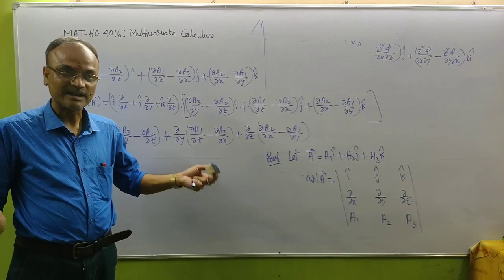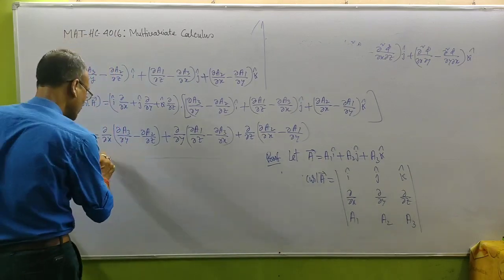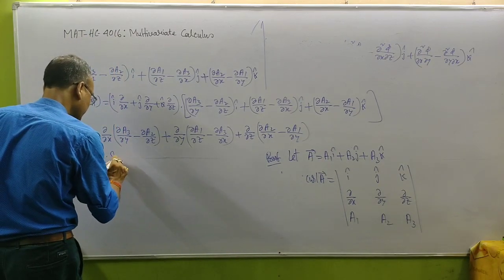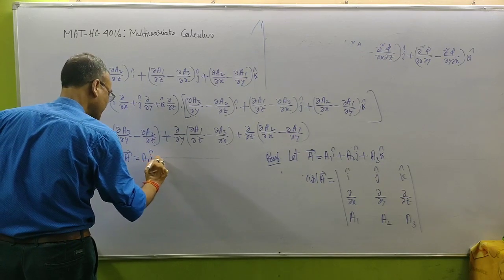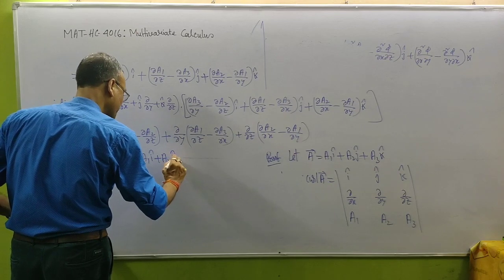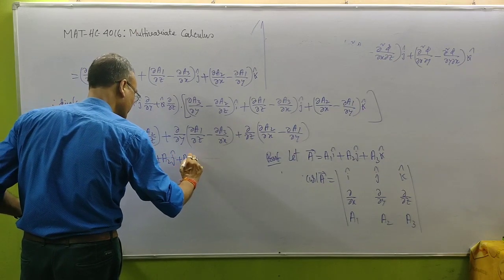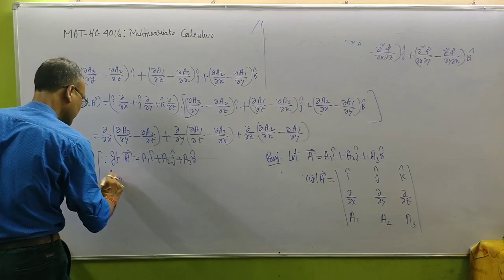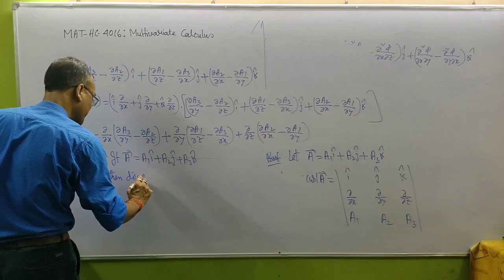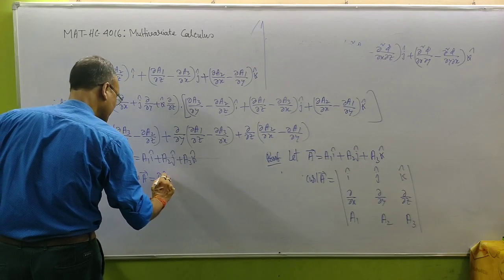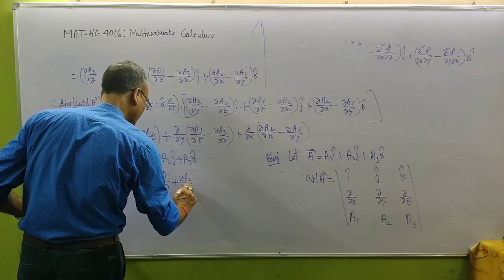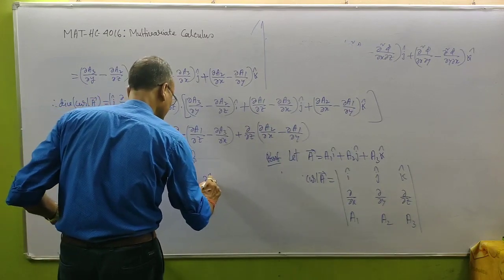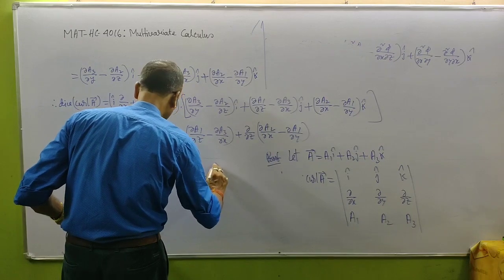We have applied the same theory: if A vector equals A1 i cap plus A2 j cap plus A3 k cap, then divergence of A vector equals ∂A1/∂x plus ∂A2/∂y plus ∂A3/∂z. We have applied this one.